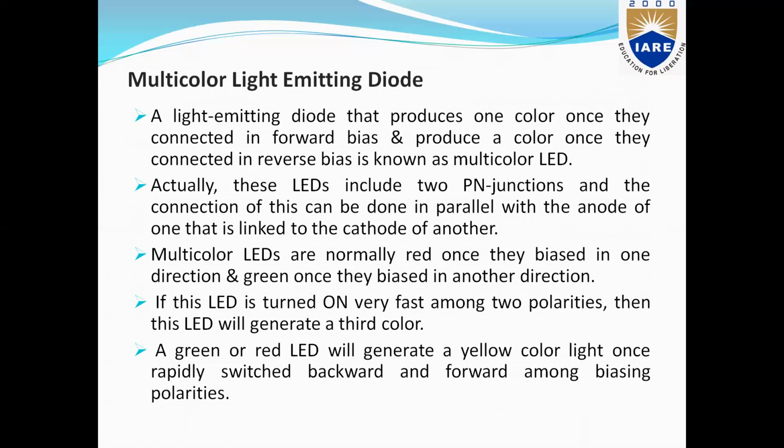Multicolor LEDs are normally red when biased in one direction and green when biased in the other direction. If these LEDs are turned on very fast between the two polarities, then they will generate a third color. Red and green rapidly switched back and forth between bias directions will generate a yellow light.